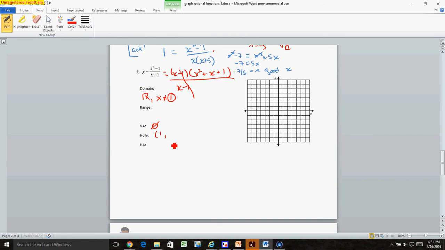Where do I have the hole? I have to take 1, the bad x, and plug it into the cleaned up function, which, by the way, looks like a parabola. 1 squared plus 1 plus 1 is 3. So the hole is at 1, 3. I have no horizontal asymptote because I'm top heavy.